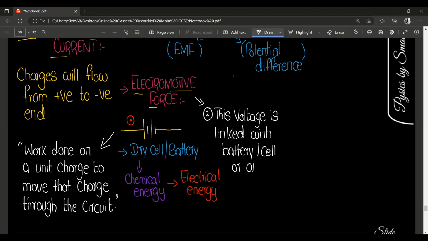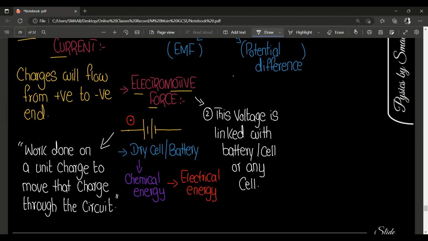So it depends upon the battery or cell. In simple words, if we define voltage as the intensity, and there is a cell or a battery or a source of very high voltage, then charge will move faster, right? Because a huge amount of energy is going to be transferred from chemical or some other source to electrical. So this is the voltage that is linked with a battery or cell, right?